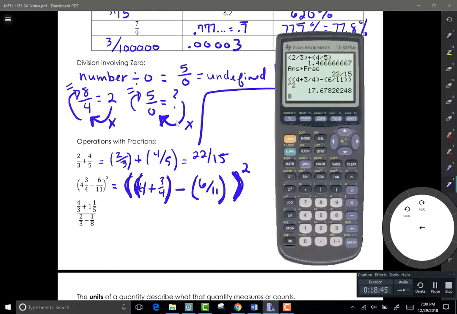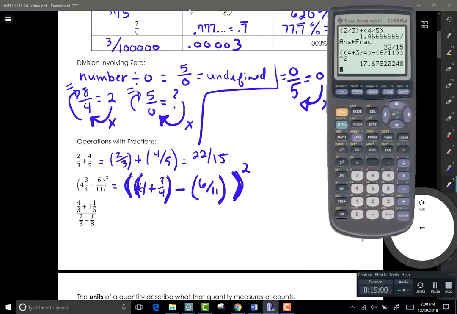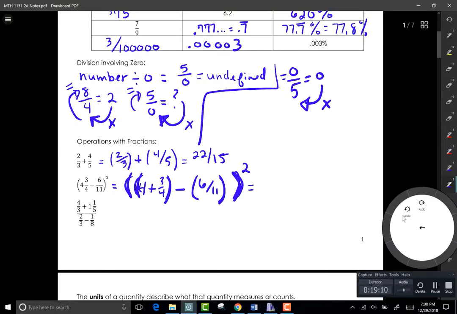So my answer in decimal form is 17.678, and that's rounded because I stopped at 8. Okay, that's not the exact value. That's a rounded decimal. But then if I want to change it to exact value and put it back into fraction form, I'm going to hit math, go to fraction, and hit enter. And so that is 34225 all over 1936. That's a big messy fraction.